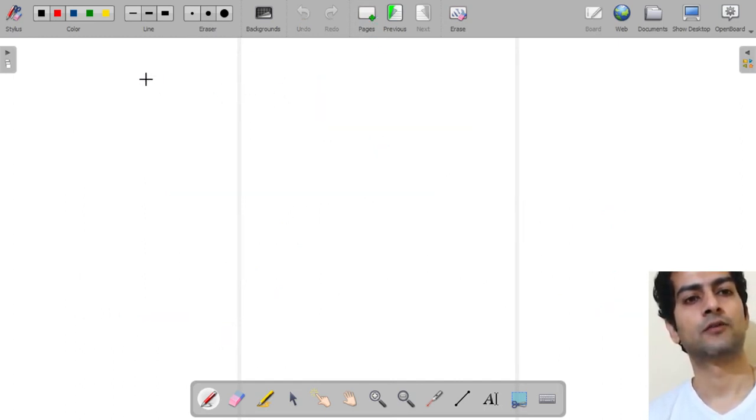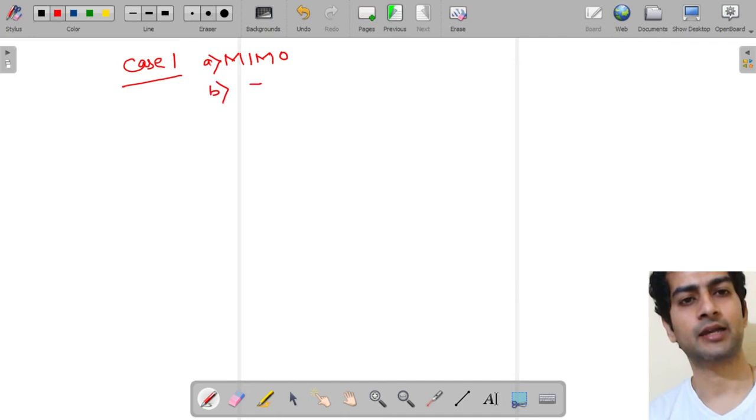Now suppose let's take case 1. In case 1, suppose we have a MIMO system. The first condition is we are having a MIMO system, and again we are taking zero state response, that is, the initial condition is 0.